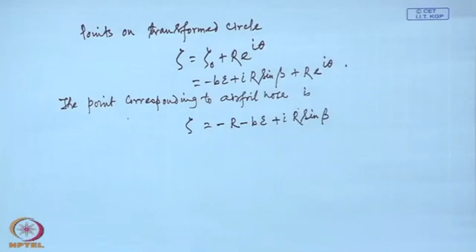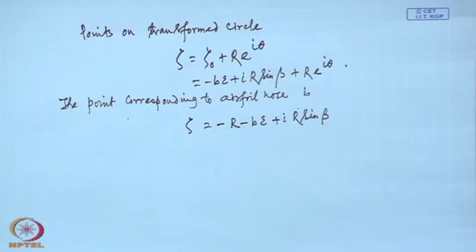Or also you can express in terms of B. See, there are two, R and B. We have a relationship between R and B. R is B into 1 plus epsilon.